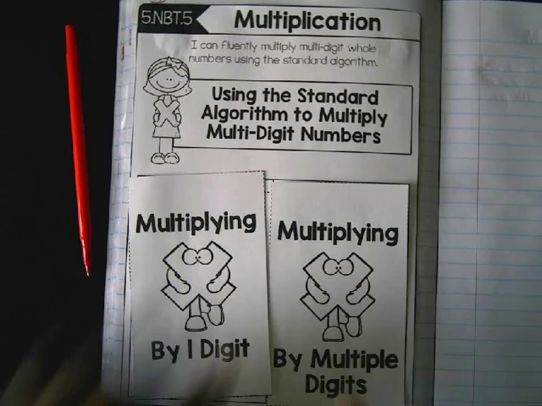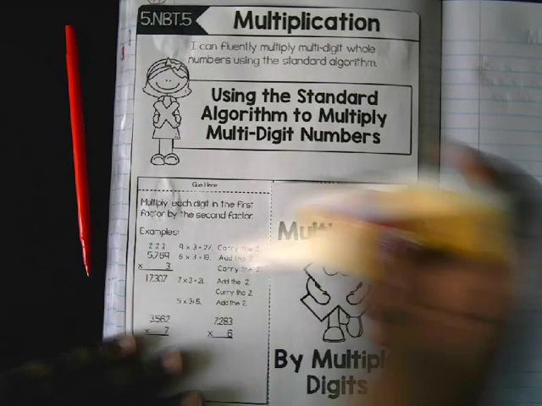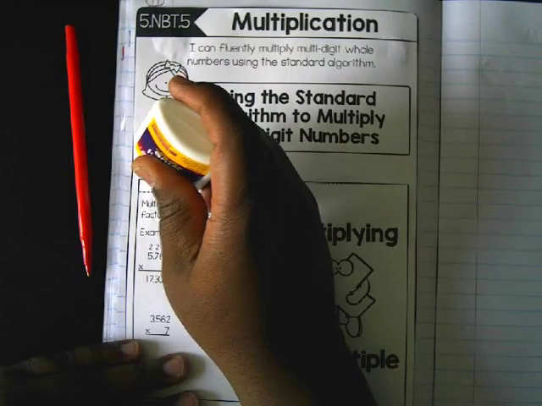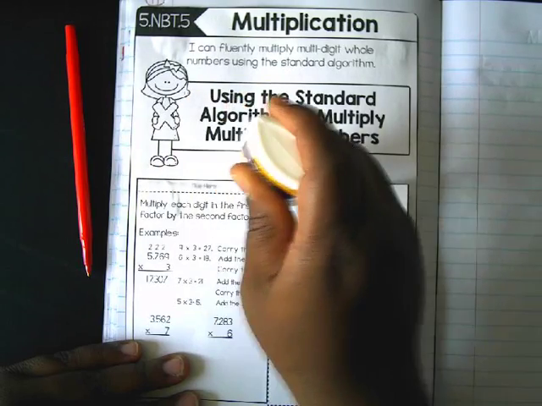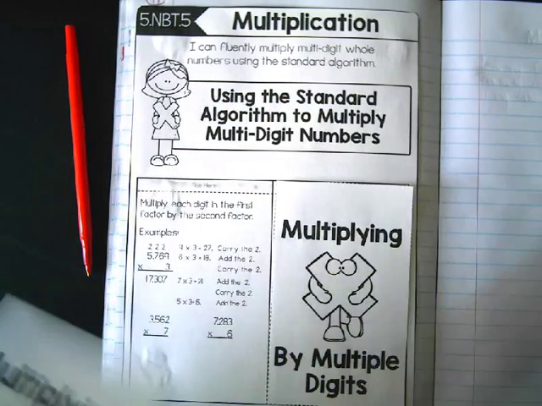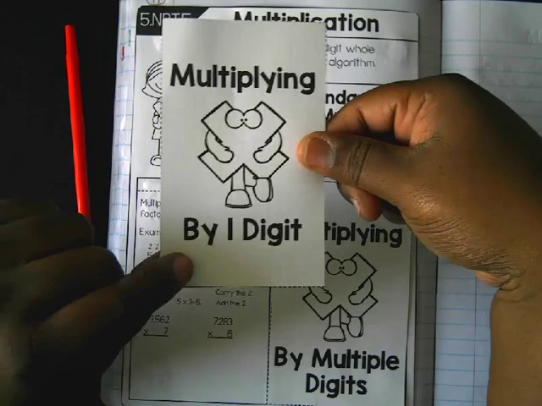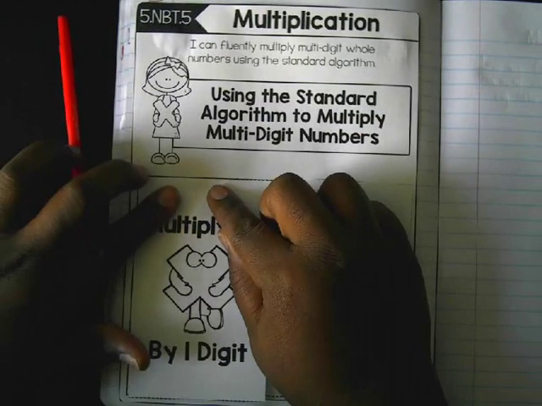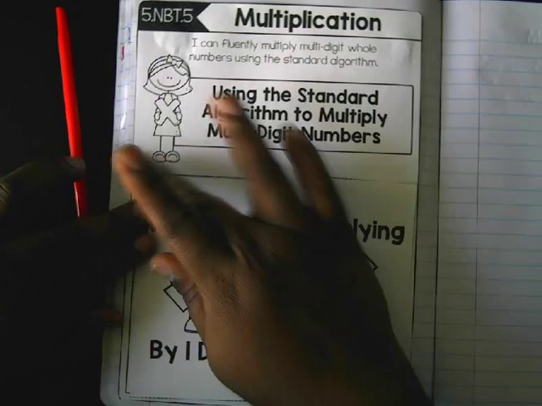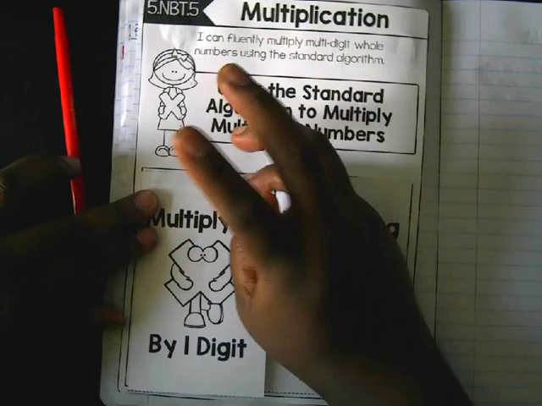You're only going to place the glue right here. Do a nice little thin line only on that portion. You're going to take the sheet that says multiply by 1 digit, line it up, and place it right on the portion where you put the glue. Don't put a lot because it's going to ooze out and get all sticky on your paper.